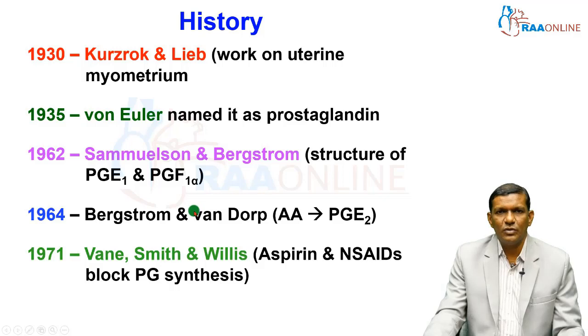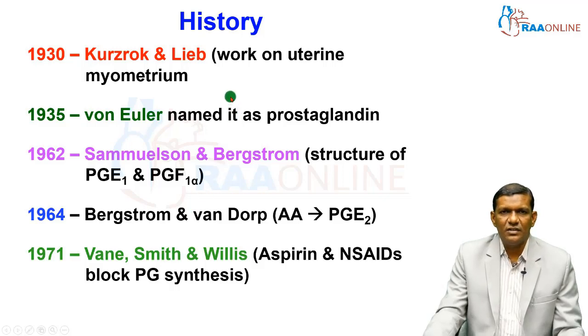Coming to a brief history. In 1930, Kurzrok and Lieb worked with prostaglandin. They obtained human semen and added it over the uterine myometrium, and they found contraction of the myometrium of the uterus. Later they found that a substance in the semen was producing this contraction.